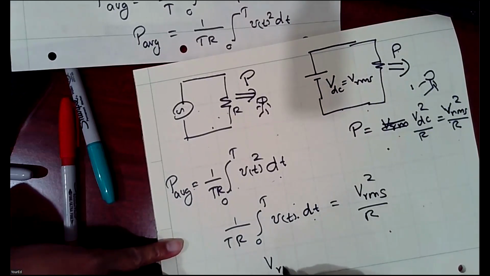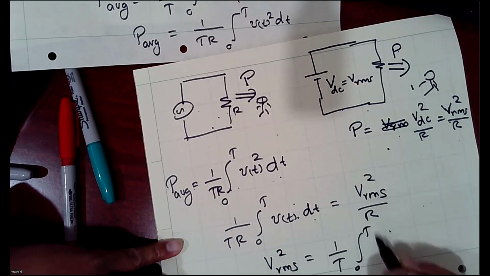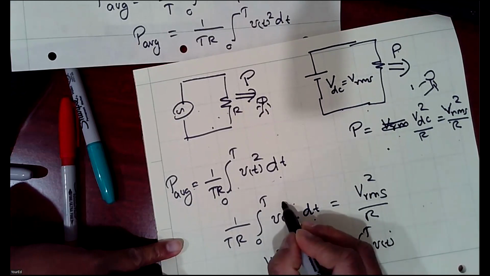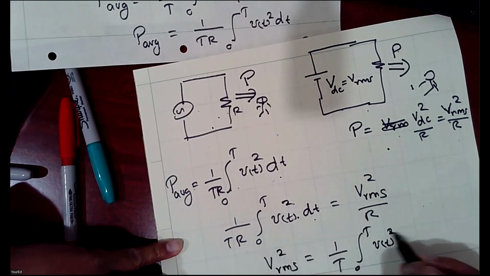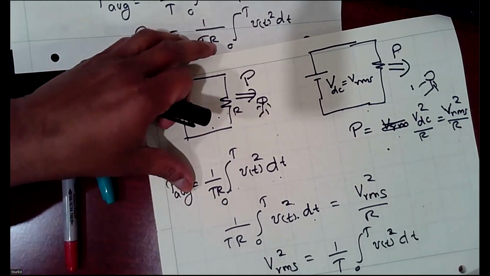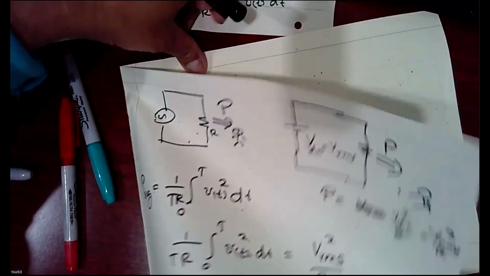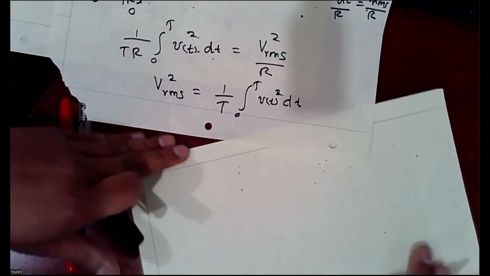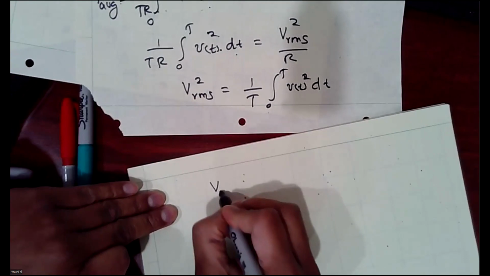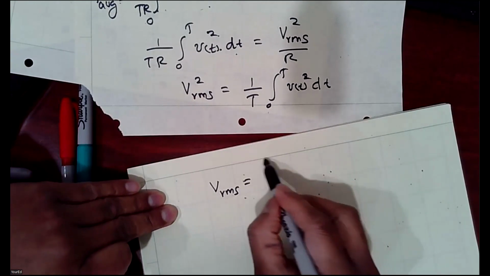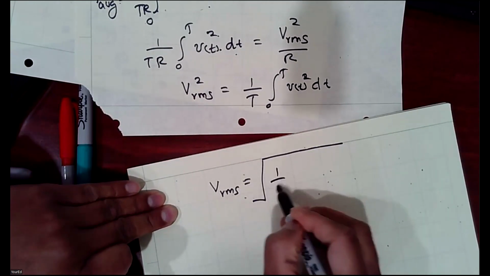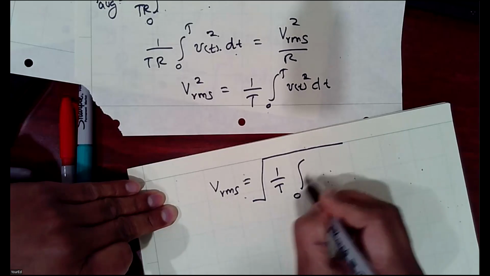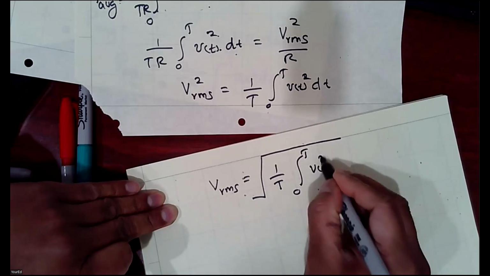From here, I can get a very important formula. Vrms squared is equal to 1 over T, 0 to T, Vt squared dt. So I can write now Vrms is equal to the square root of 1 over T, 0 to T, Vt squared dt.